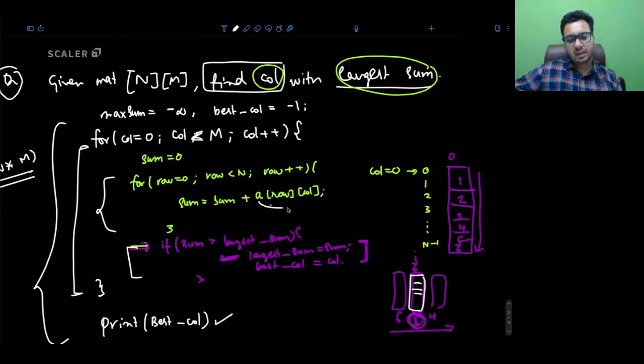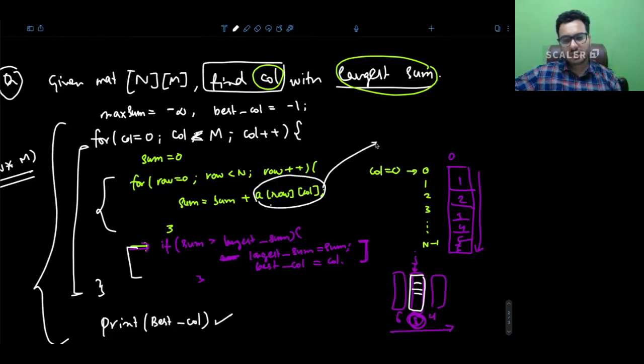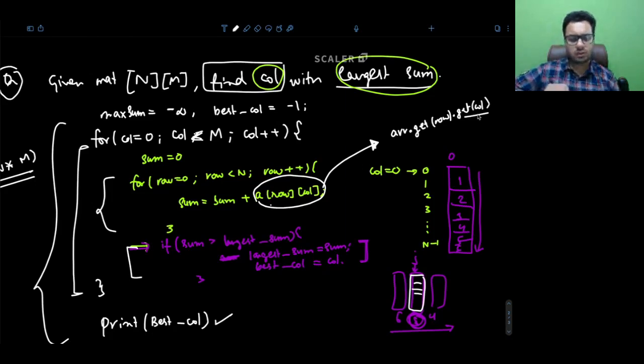See, in case of an array list, the only change that you will make is that everything remains same. It's about how do you access the 2D array list. So you have to say array dot get the row and then get me the column. That's it. That's the only change that you will do for a 2D array list.